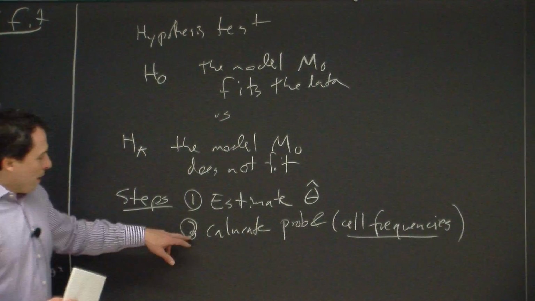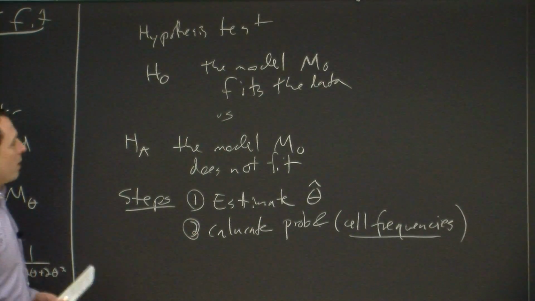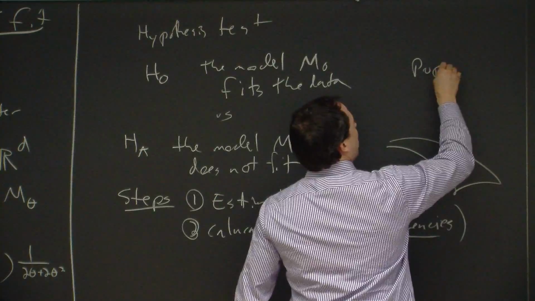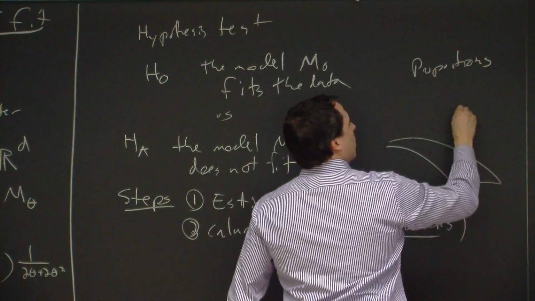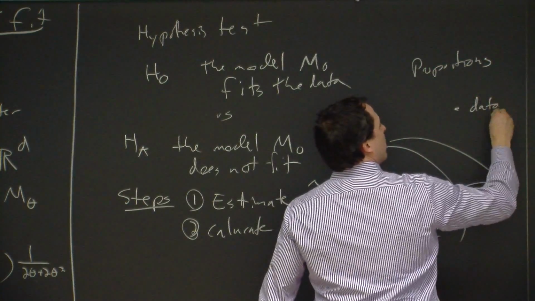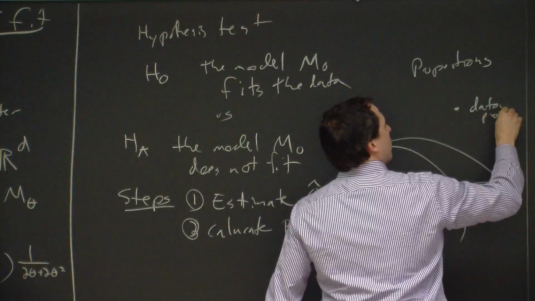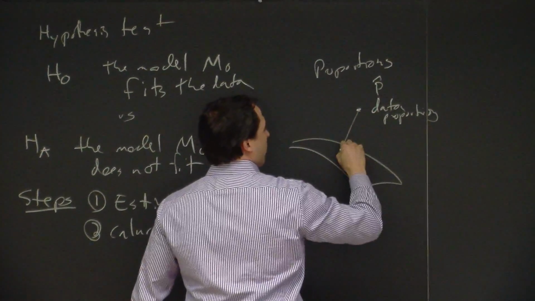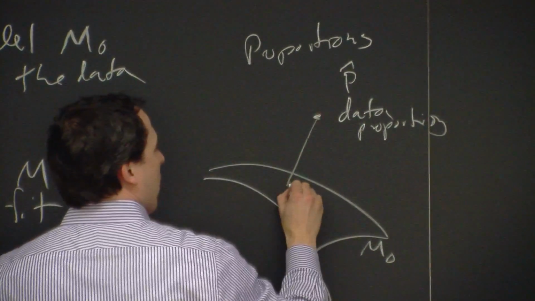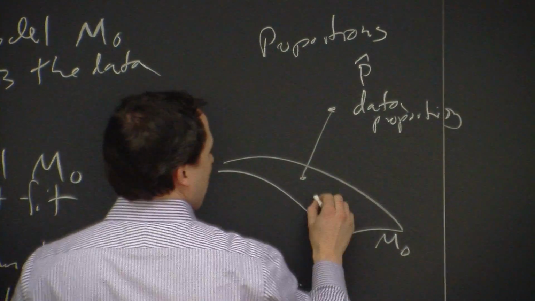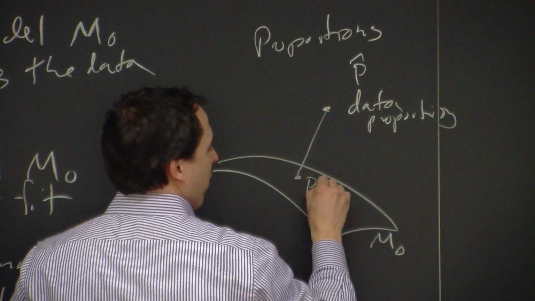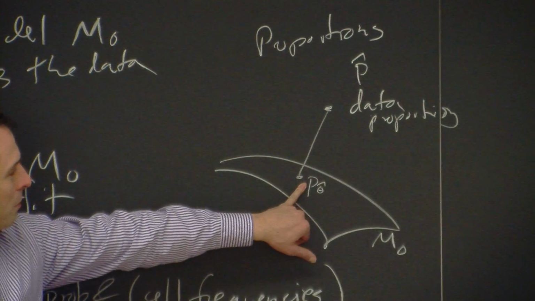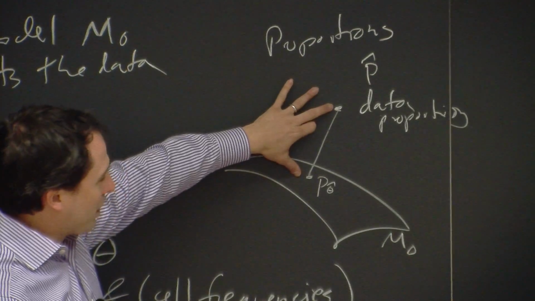And we can't avoid doing this because, in the space of proportions, right, we have our data proportion, or our empirical distribution, p hat, and then we have the model, and we have the p theta hat, the best fit distribution, and we're trying to estimate sort of this distance, right?